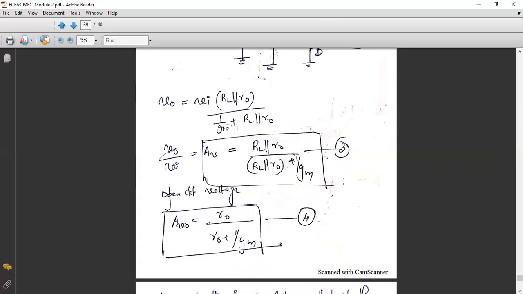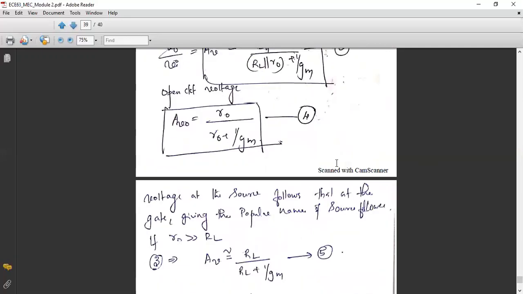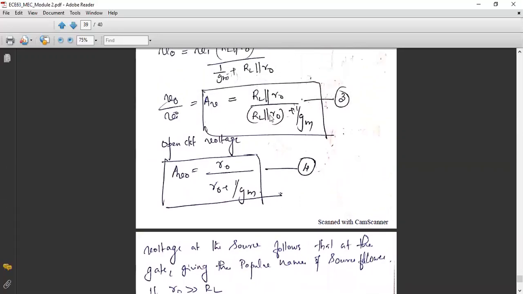When you assume that 1/gm is very small compared to R0, and incorporate that assumption in equation number 3, I will neglect this 1/gm so that the terms cancel each other and Av becomes 1. When voltage gain Av is 1, what does that say about V0 and Vi? They will be equal to each other, right? Whenever the ratio is 1, the numerator is equal to the denominator. So the output is following the input. So there is no gain.